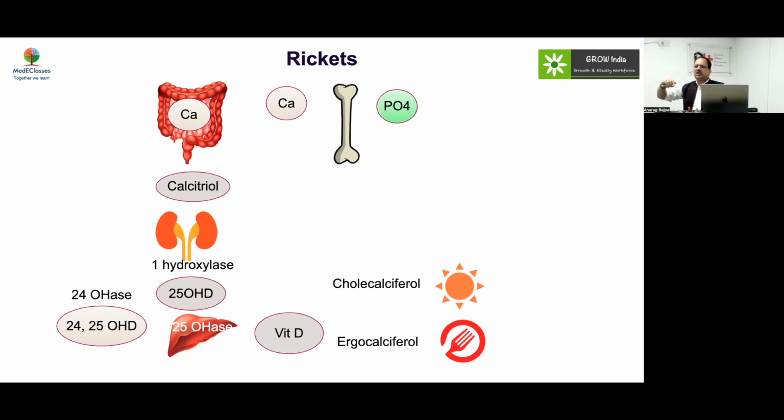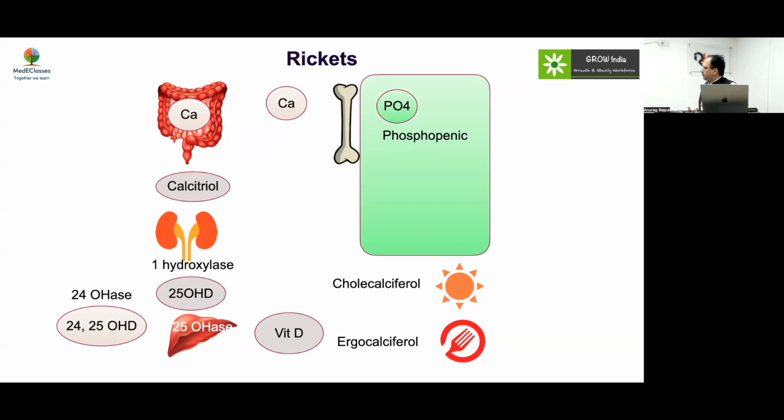If you are deficient in vitamin D, in 25-hydroxylase, or 1-alpha hydroxylase, or if you have a problem in the vitamin D receptor, you will develop refractory rickets. There is also an inactivating pathway of 24-hydroxylase, which converts this to an inactive form, basically resulting in decreased action.